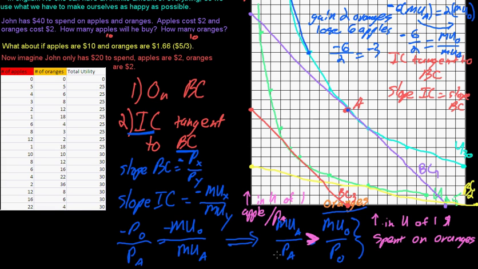You'd buy more apples and you'd buy less oranges, and vice versa. If the marginal utility of oranges per dollar spent was greater than the marginal utility of apples per dollar spent, then you'd buy more oranges and you'd buy less apples, and you'd keep on balancing this back and forth until you got to where they are exactly equal.